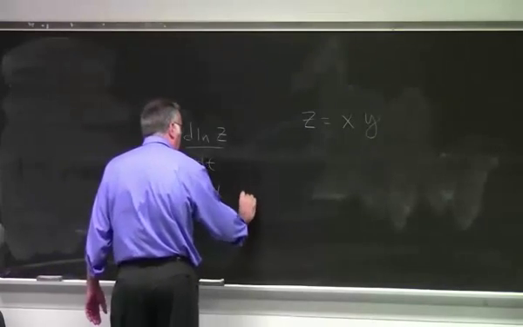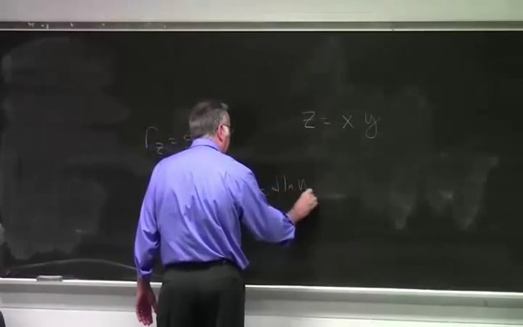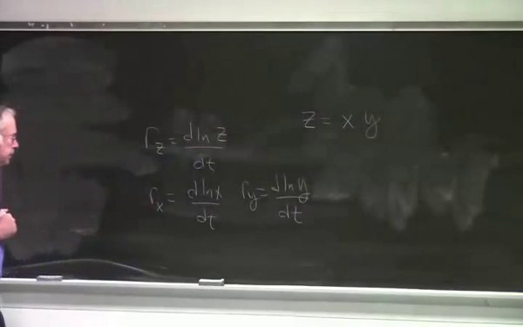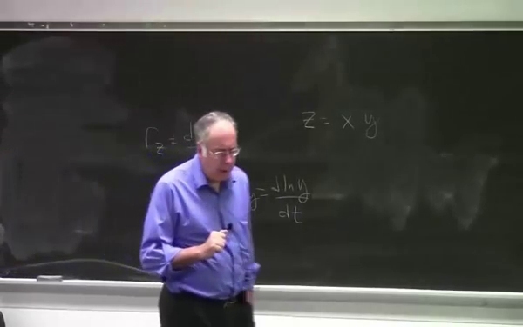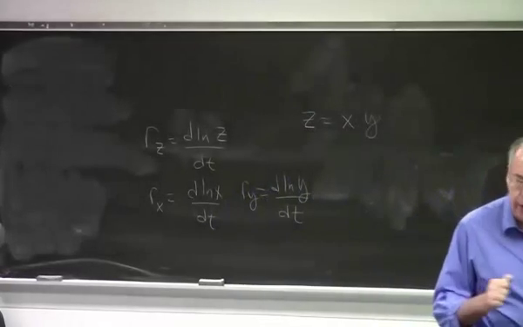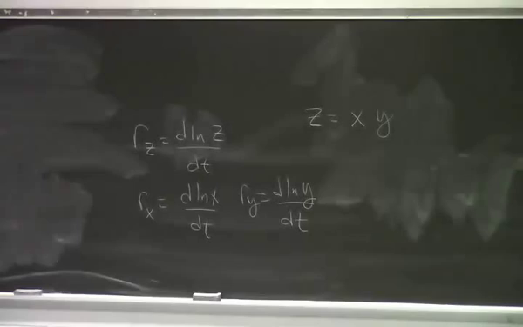The growth rate in y, d log y dt. So I want you to tell me, given that z is equal to x times y, what's the relationship between the growth rates z, x, and y? I have no idea. Okay.